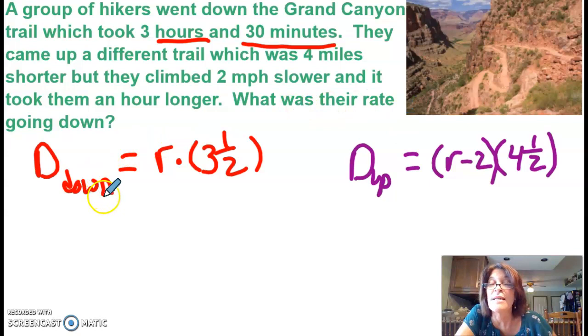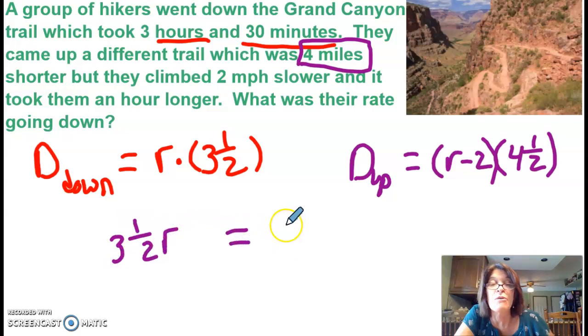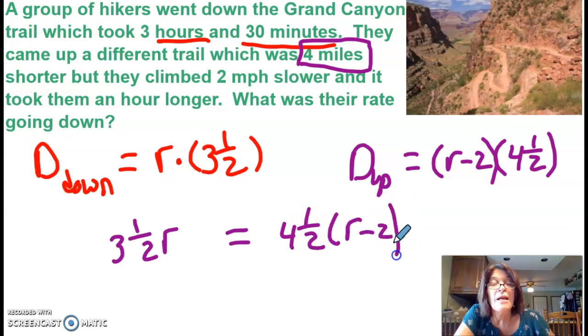So I have the distance going down, and at first I want to set it equal to the distance going up, but then I remember the distances weren't the same. When I came up, that was actually 4 miles shorter. So if I want the distance down to be equal to the distance up, I'm going to have to add 4 to the distance up, right?